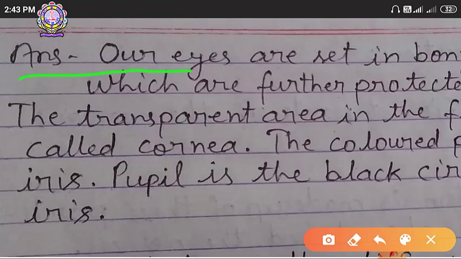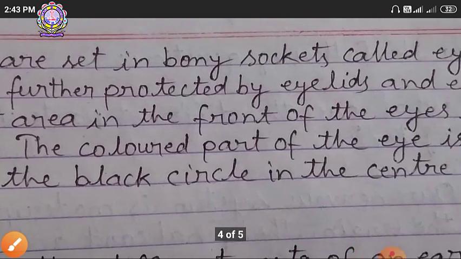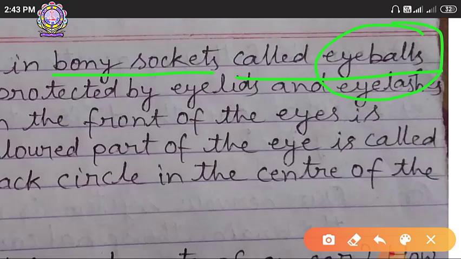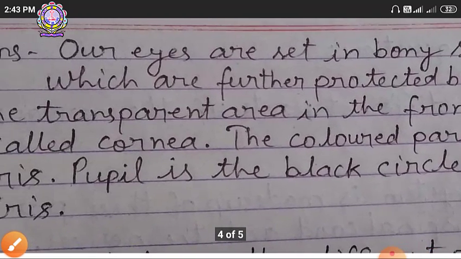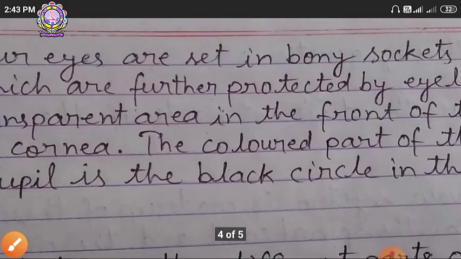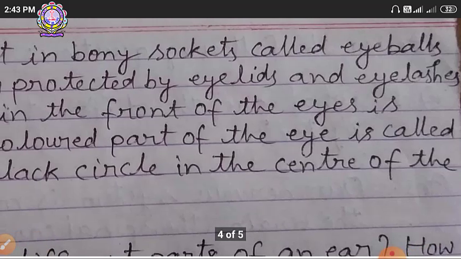Our eyes are set in bony sockets called eye sockets. The eyeball is the first part, which is further protected by eyelids and eyelashes.